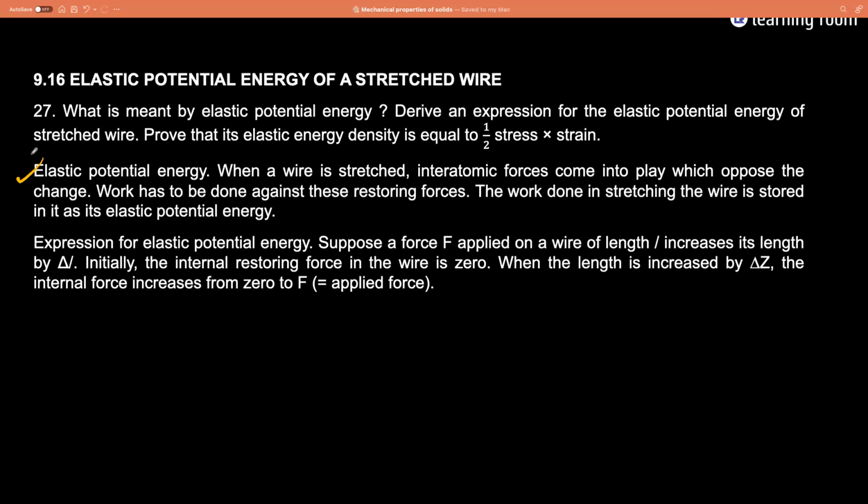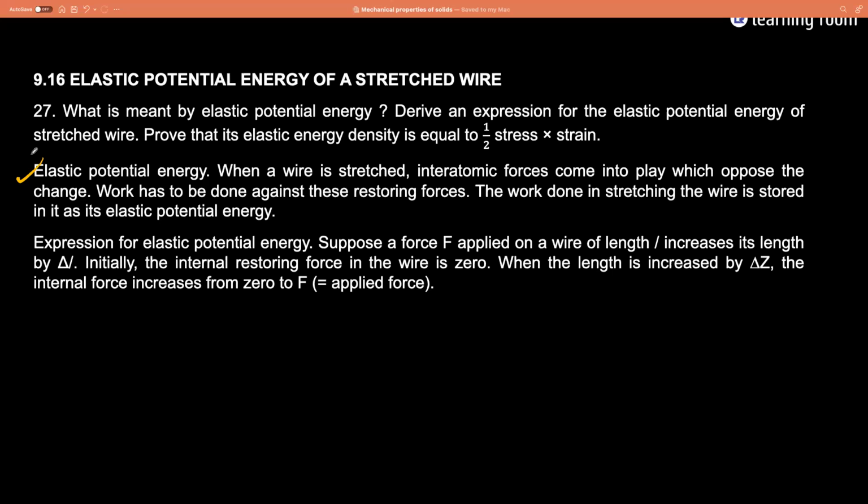So the work that is done by us or the load in elongating the wire, by overcoming the deforming force, will get stored in the form of elastic potential energy in that wire. If energy has to get stored, somebody has to do the work. Here, either we or the load do the work against the restoring force.